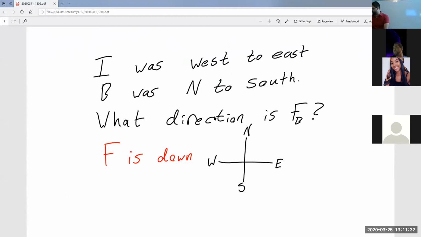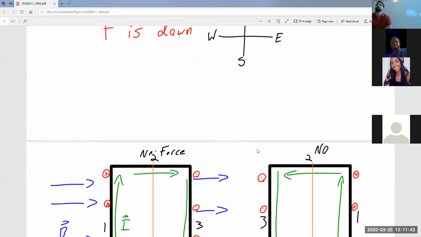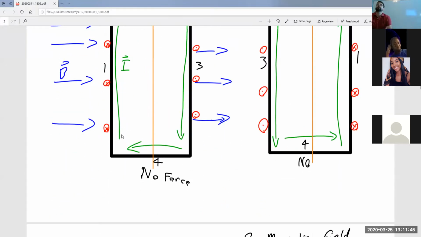So I'm pulling up my notes on my computer. All right, so let's see. We've been talking about magnetic fields.